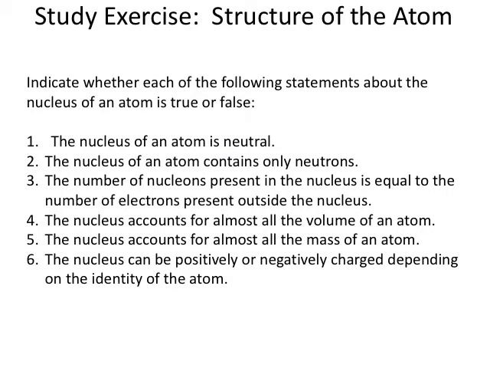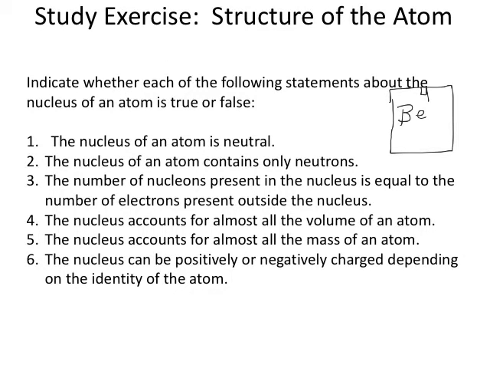Okay, the structure of the atom. If you get your periodic table out, which you should have every time you're working these, you'll see that we'll pick an element here. We'll pick beryllium.